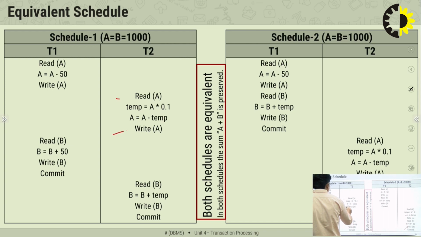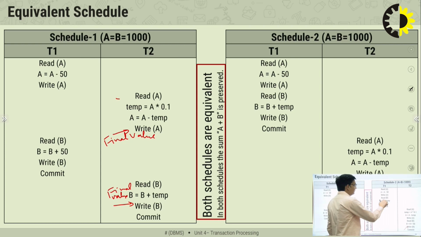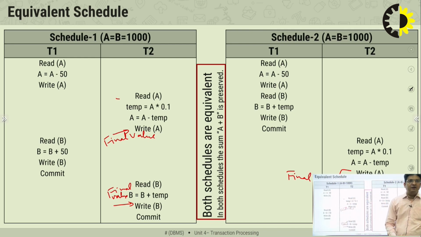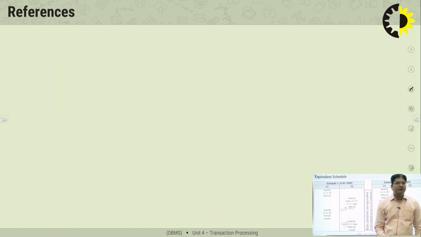This will provide the final value of A, and this will also provide the final value of A. Here we are getting the final value of B. Since this is a serial execution, these two will provide the final values. And if these final values are the same, we can say that the transactions have equivalency, that is, both of the transactions are equivalent.